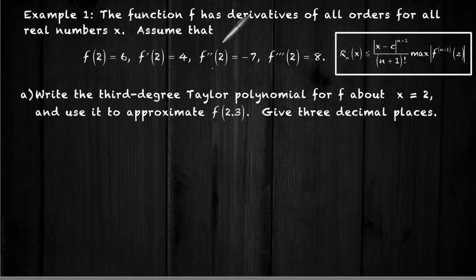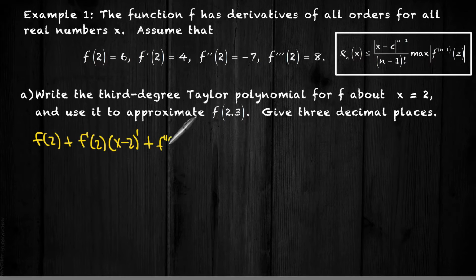Well, this shouldn't be too hard for us since we've done this before. We'll just say our Taylor series says we need f of 2 plus f prime of 2 times x minus 2, the center, to the first, plus f double prime of 2 times x minus 2 squared over 2 factorial.